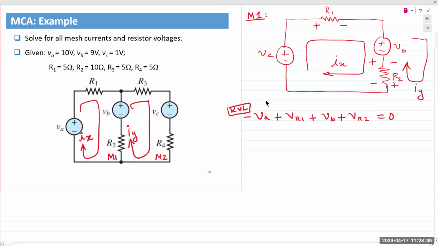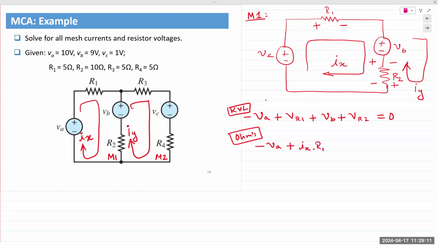The next step would be to apply Ohm's law and express each resistor voltage in terms of the current. R1 is not shared, right? So VA remains as it is. R1 simply has IX times R1. VB is a voltage source, so we write out VB as it is. Resistor R2 is shared between meshes 1 and 2.